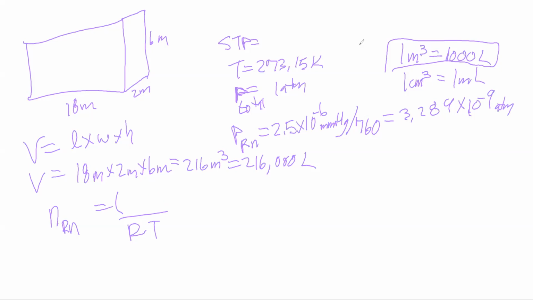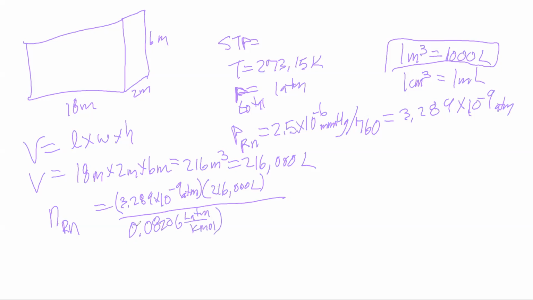So we can update this one: 3.289 times 10 to the minus 9 atmospheres. Our volume is 216,000 liters. We know our R, 0.08206, and we have our temperature.